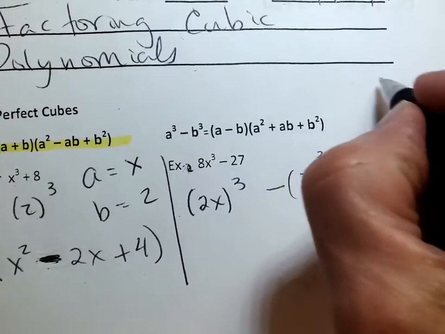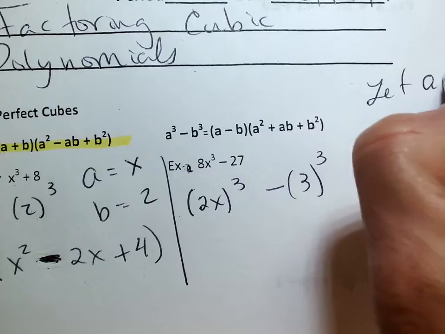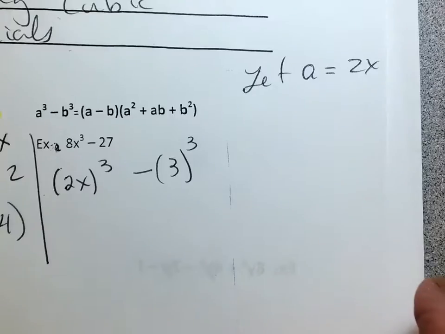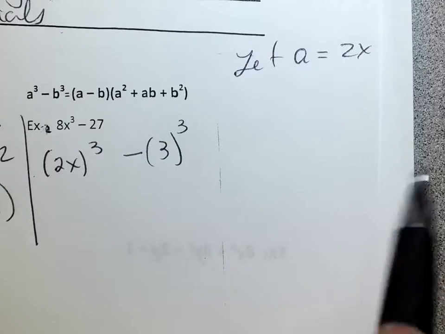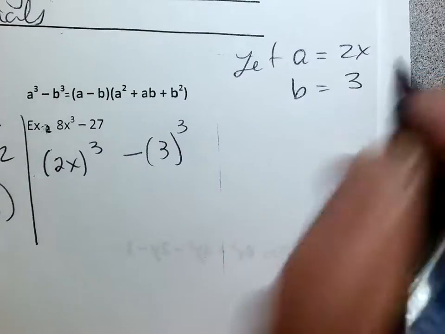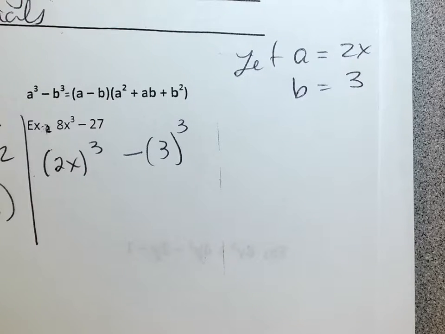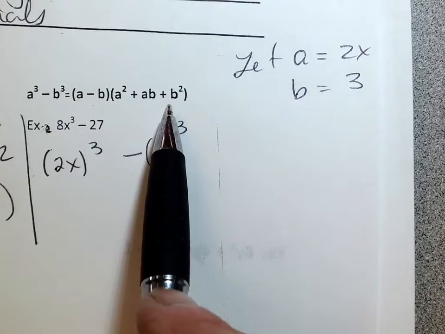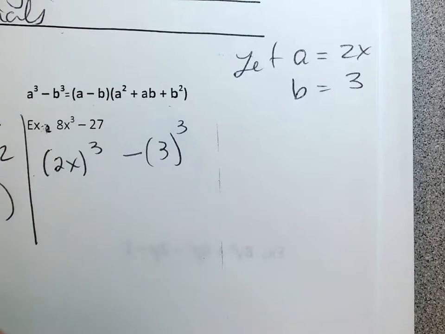I'm going to let a equal 2x, and then the b represents the 3, okay? So it's a slightly different formula. It's almost the same thing. The only difference is the signs because of the negative. This one goes minus plus plus instead of the other one was plus minus plus.